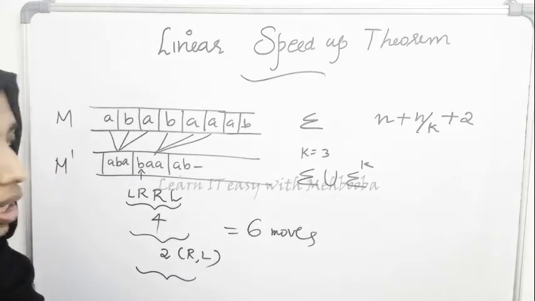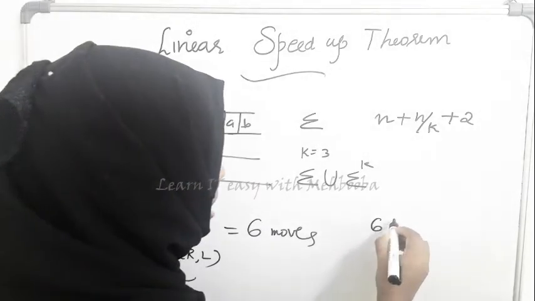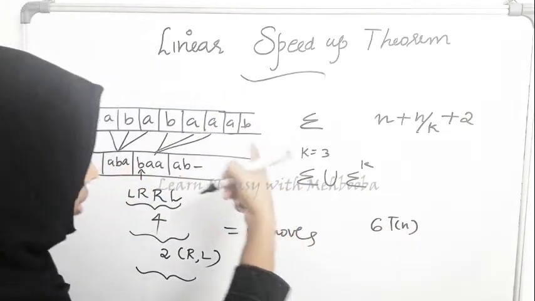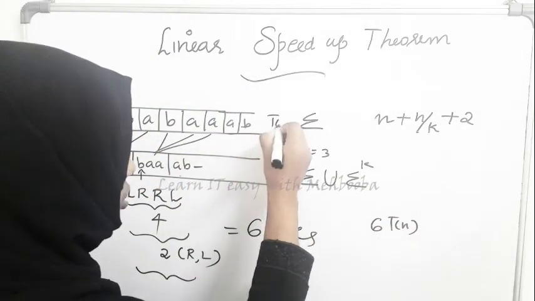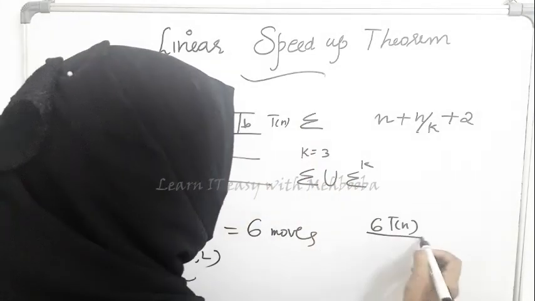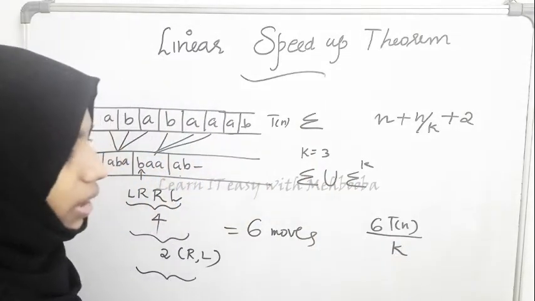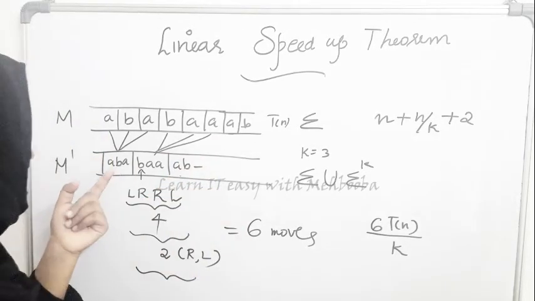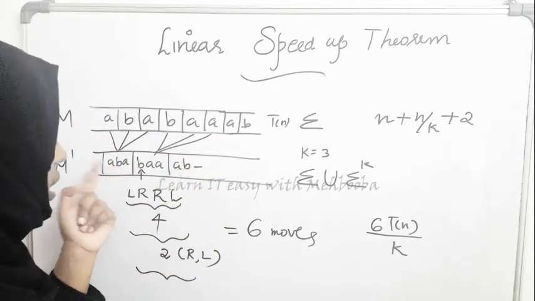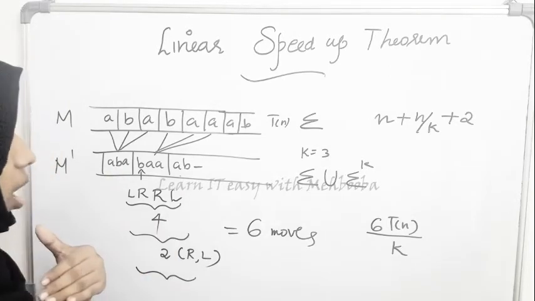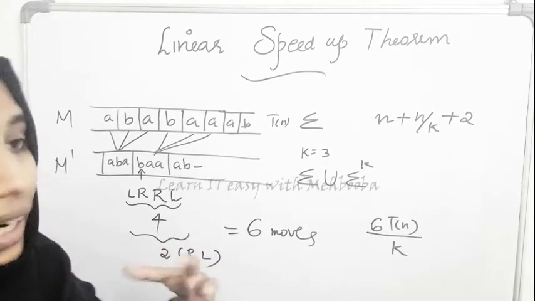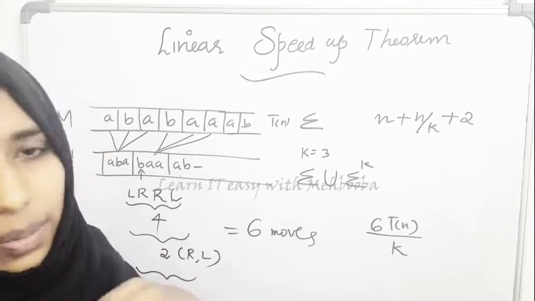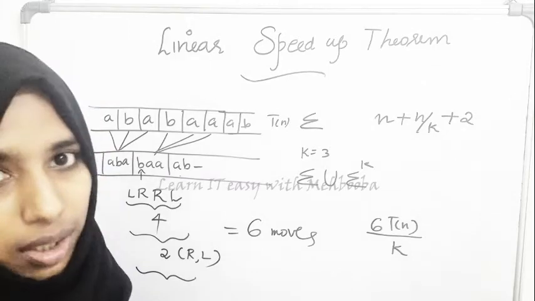Okay, so we can say that it is 6 into T of n, which is the complexity of the machine. 6 into T of n divided by k is the time it takes. That is, if k is higher, if we have taken k as 3 here, you know that if you are condensing more symbols into a single symbol, the machine can work much faster, isn't it?